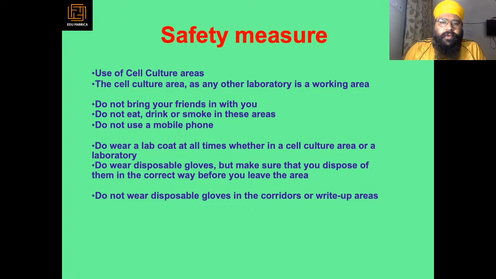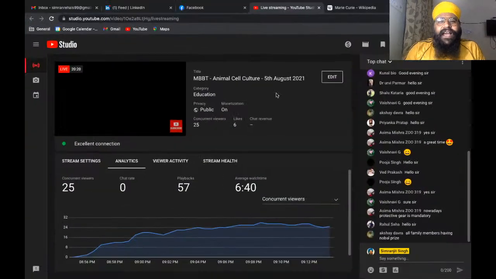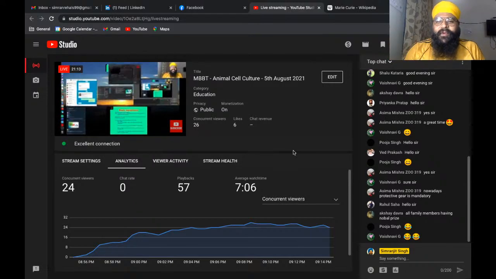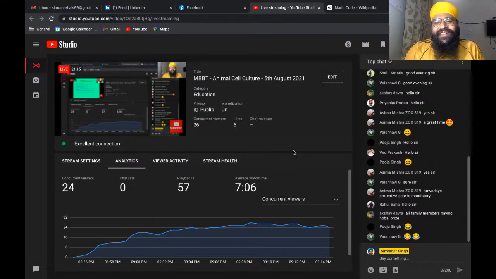We always wear a lab coat in the cell culture area. Some people do not. The PIs, the professors who are at a higher level, just come in their clothes and say, don't tell me to wear lab coats, I've been working my whole life, so I don't need lab coats. But it will create problems. Why?